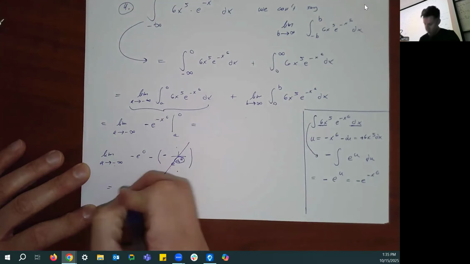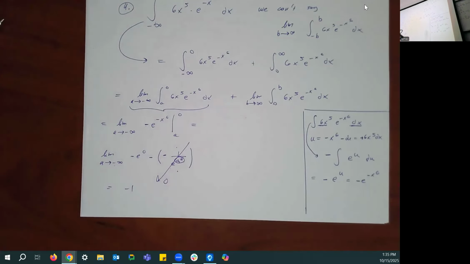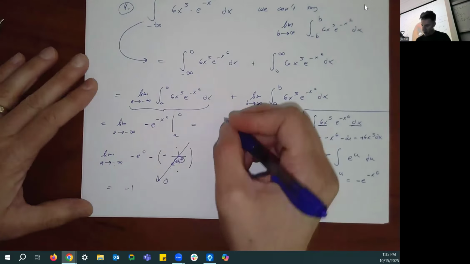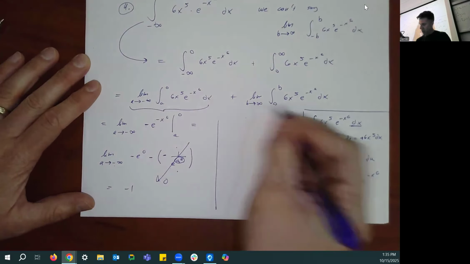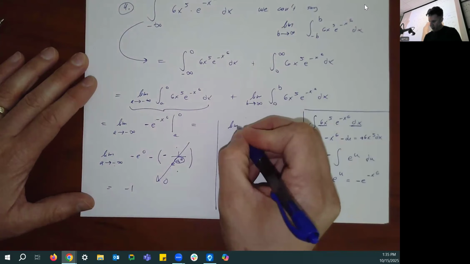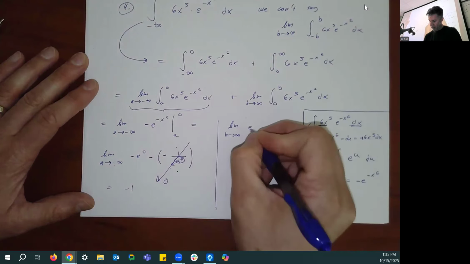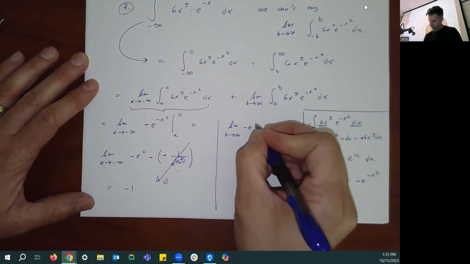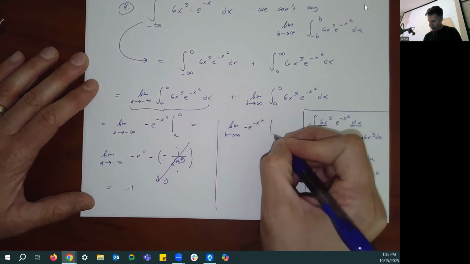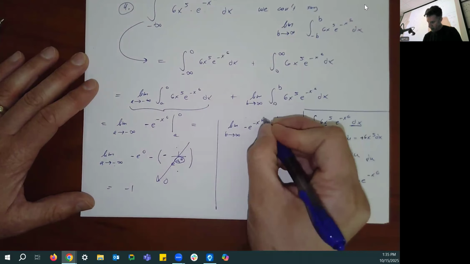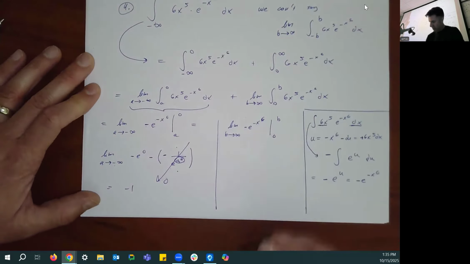So then we're going to get negative 1 here. We're not done. We did half of it, but the other half is going to be pretty much the same. For this one, it's going to be the limit as b goes to infinity of negative e to the negative x to the sixth, evaluated from 0 to b. Be careful, make your b's look different than your sixes.